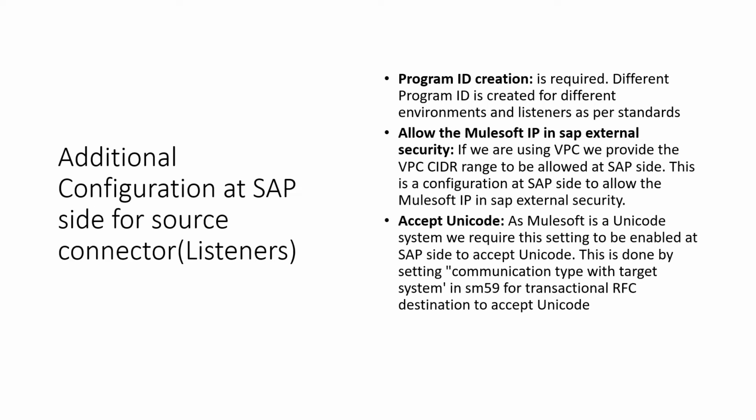While deploying an IDOC listener flow, if you are getting an error that gateway registration has failed because this host is not allowed, where it will mention your IP address, then you have to check if the IP is allowed at the SAP side in SAP external security. If you are using a VPC, then give the VPC CIDR range to SAP external security to be configured as allowed.